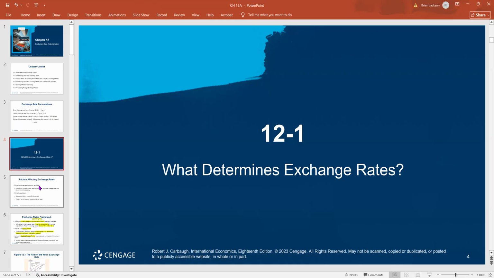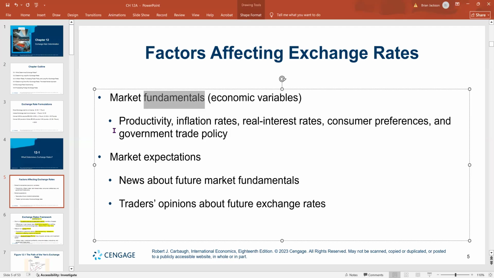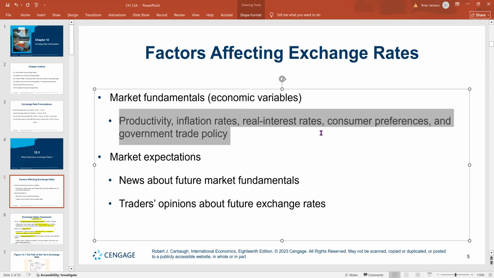We're going to talk now in section 1 about what determines exchange rates. There are two things in particular that determine exchange rates, that is, the price of one currency in terms of another. First are market fundamentals. These are real economic variables that should impinge upon the value of one currency relative to another: productivity of the citizens of each country, inflation rates, real interest rates, consumer preferences, and government trade policy.